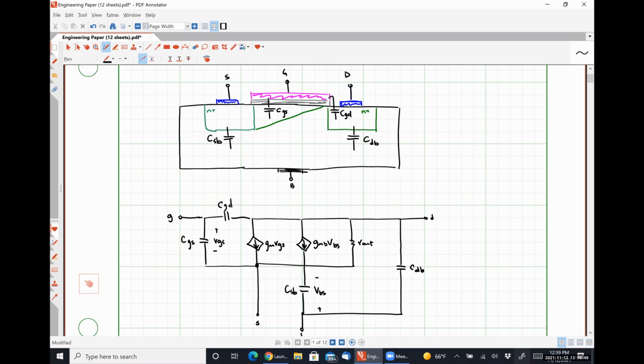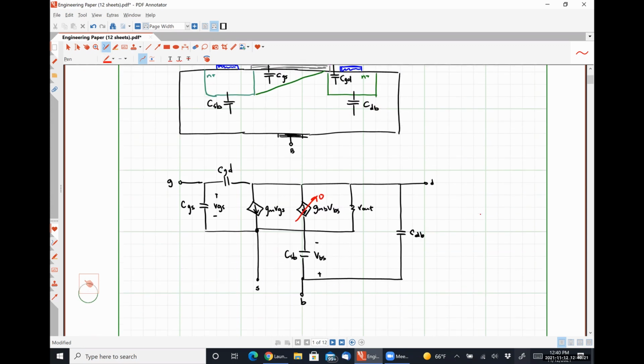All right, so in our single stage op amp, where we have an NMOS differential pair loaded with a PMOS current mirror, will body effects be present? Short answer is no, not at all. So that means this current source is going to go to 0 because these terminals are shorted together.